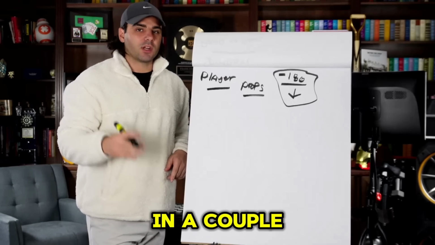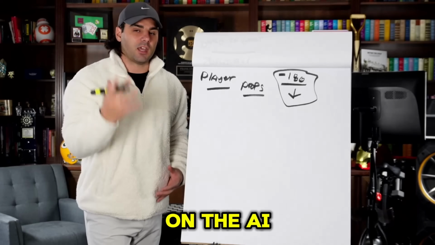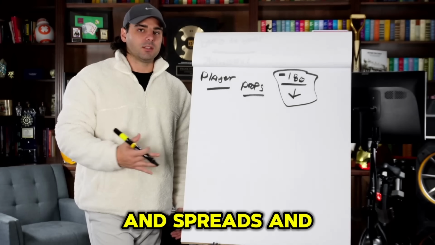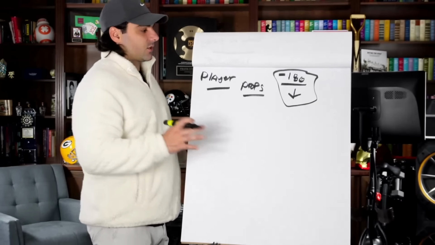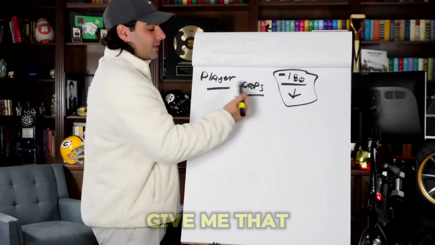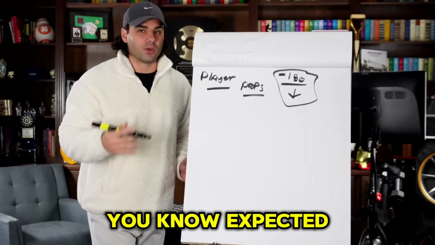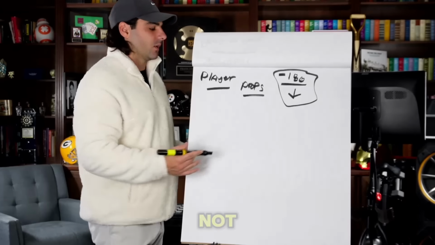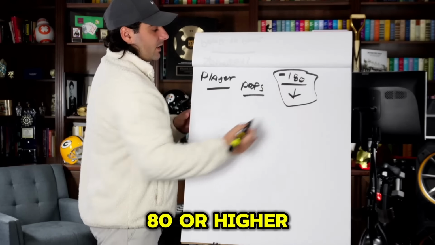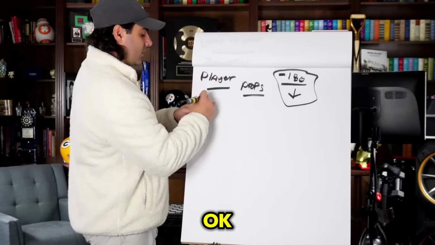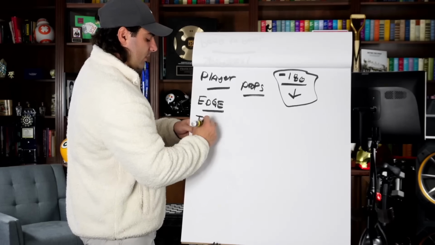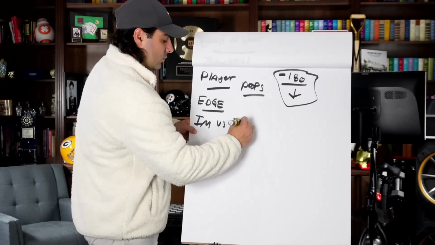I might sprinkle in a couple of totals here and there, depending on the AI system I'm working on, but team totals and spreads can't give me a precise edge the way player props can, to know what's expected to happen. So I'm going to stick to player props at minus 180 or higher, and I'm going to find that edge, okay? I'm going to find it between the implied probability versus the true probability.